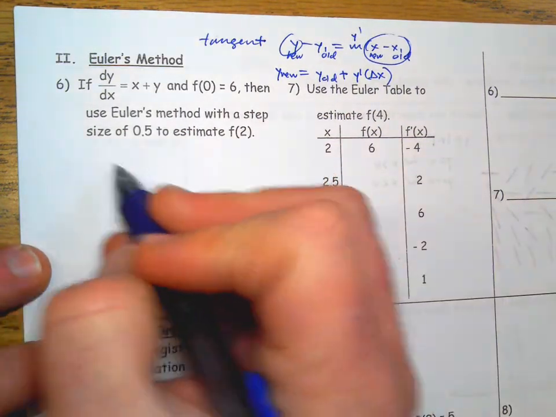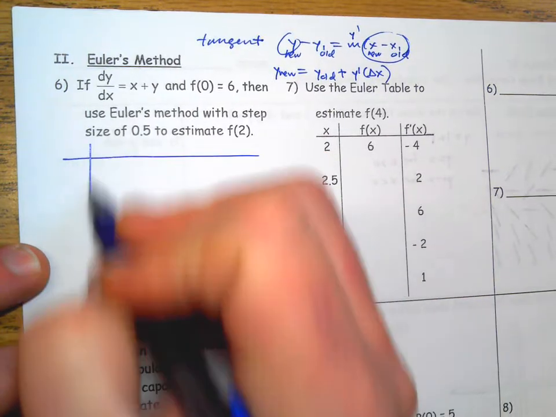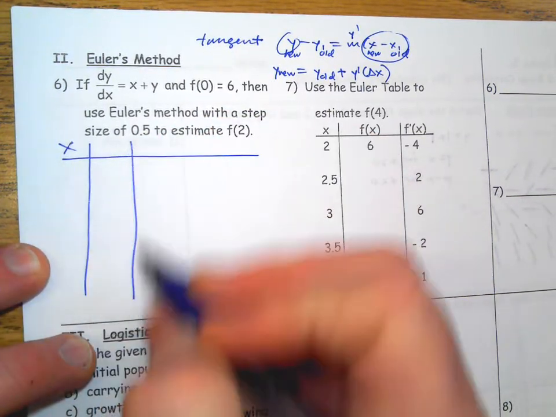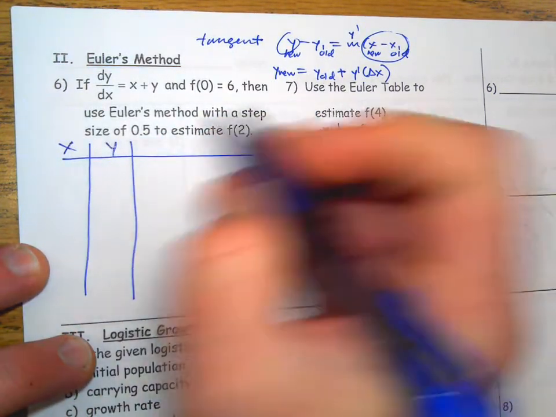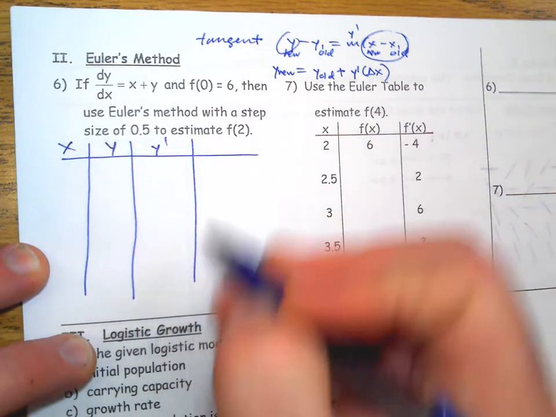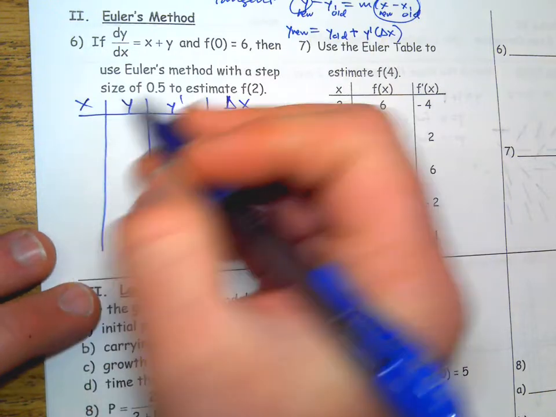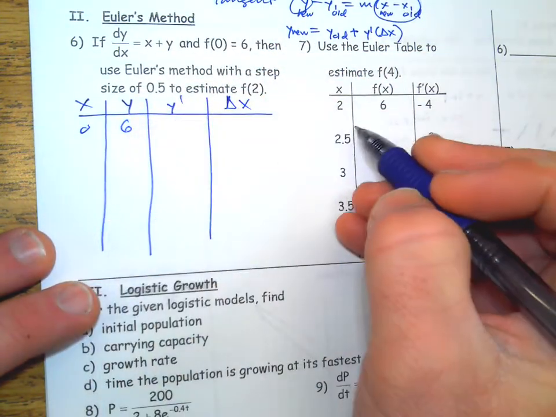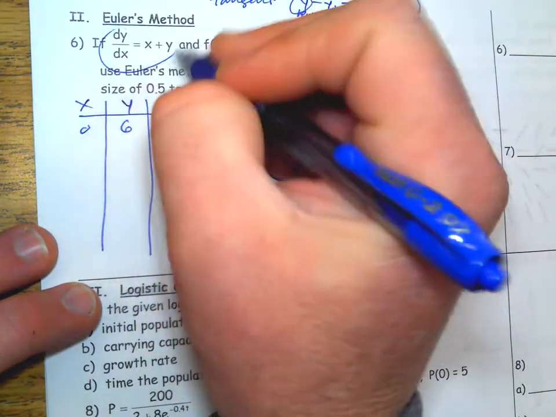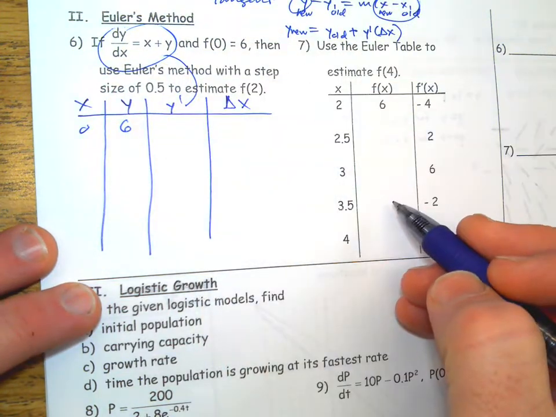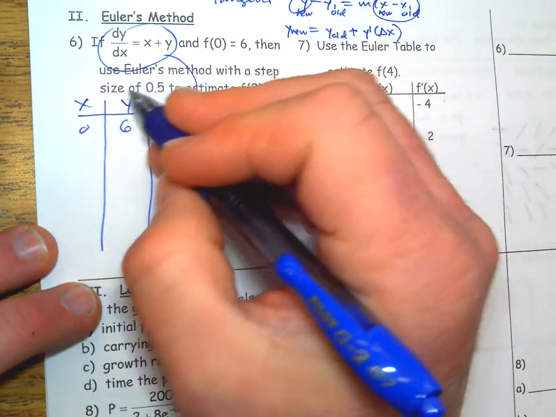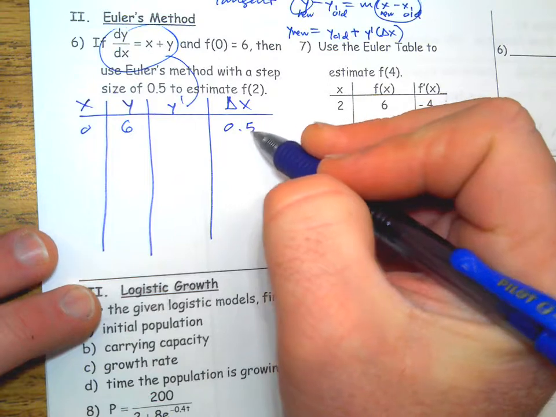So if you make your table, we keep track of the x's and the y's, and then we need y prime, and we need delta x. And so we start with 0, 6, and the derivative comes from that. Delta x is going to be, it says step size 0.5.